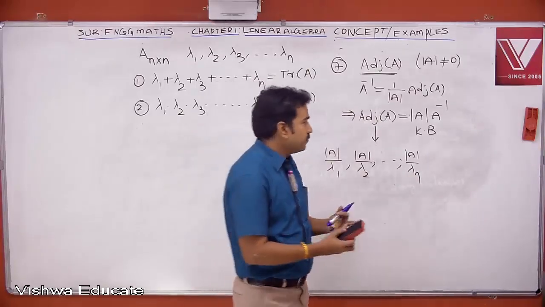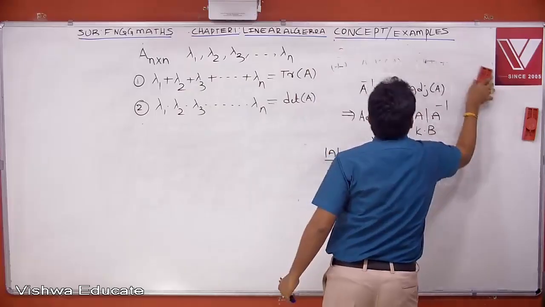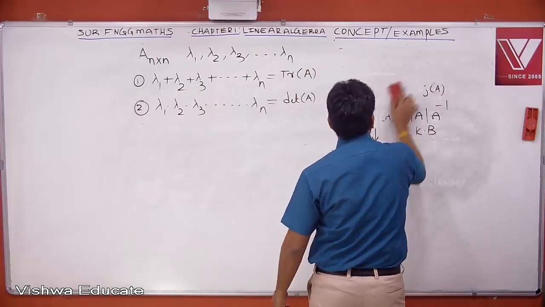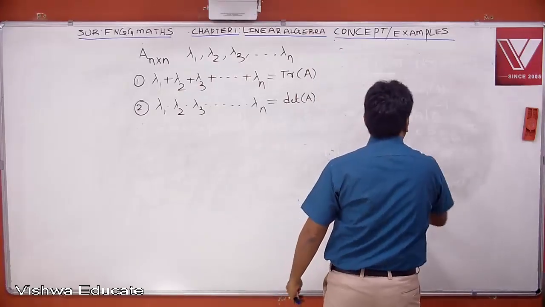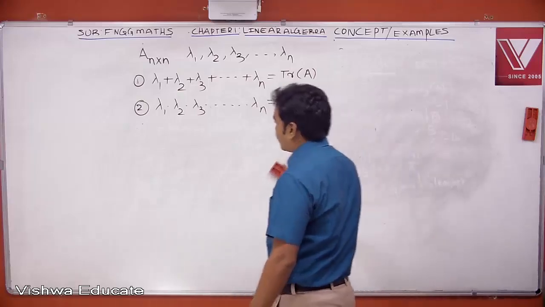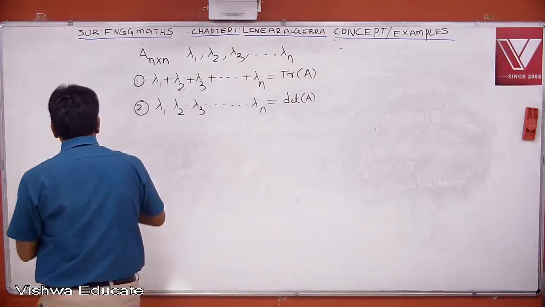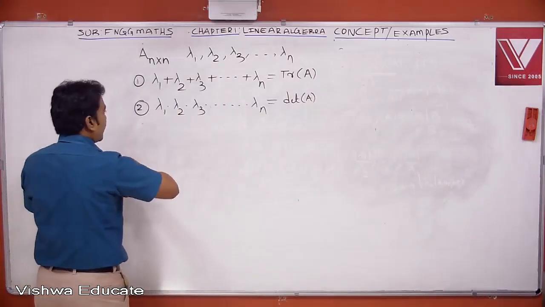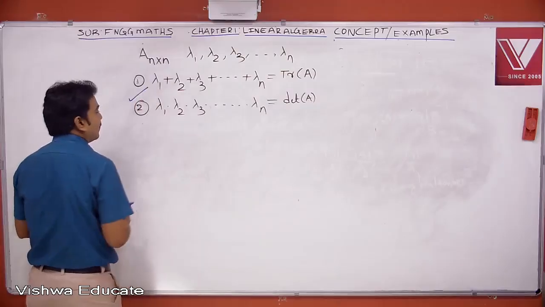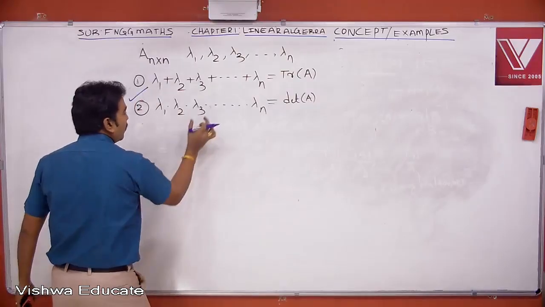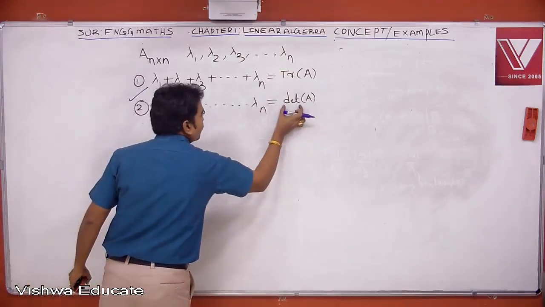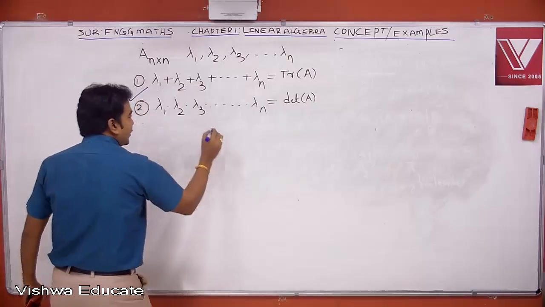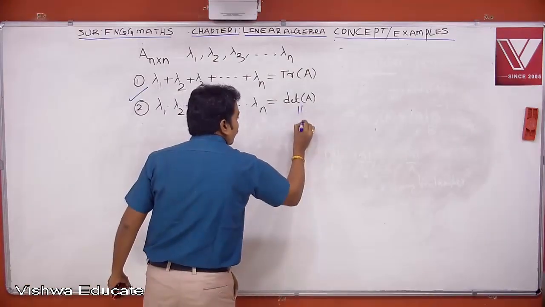Now let me make some comments on eigenvalues of singular matrices, etc. Now let us come to point number 2. What is point number 2? Product of eigenvalues equal to det. Suppose det A equal to 0.